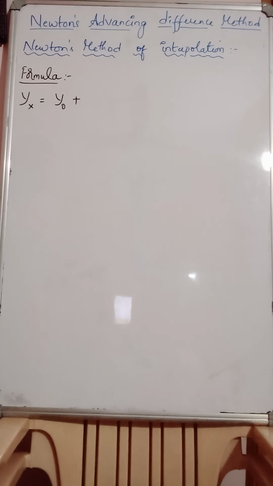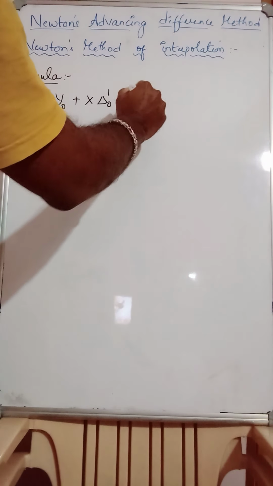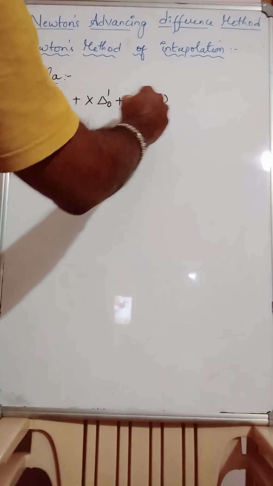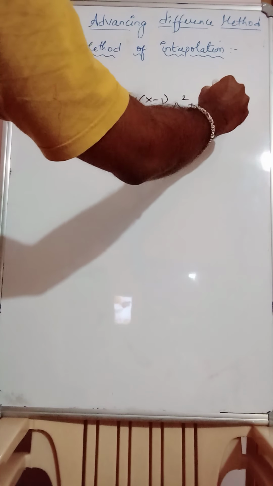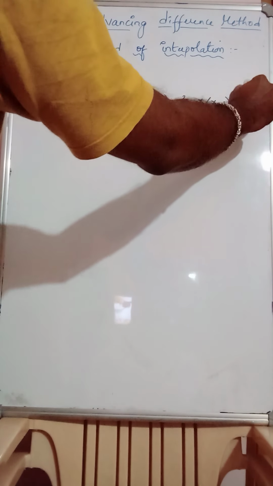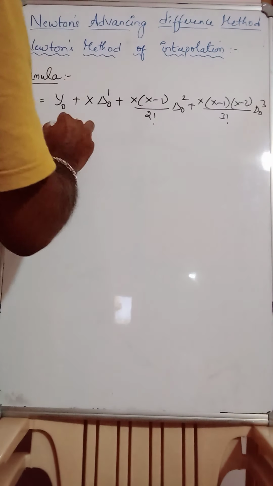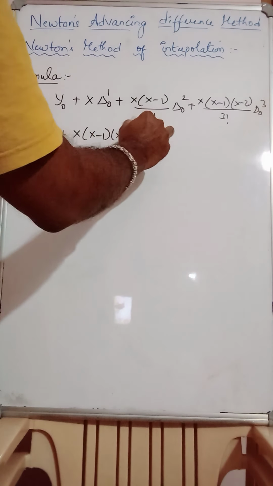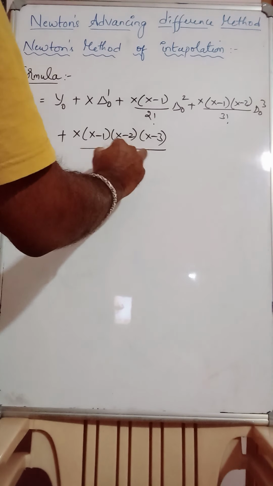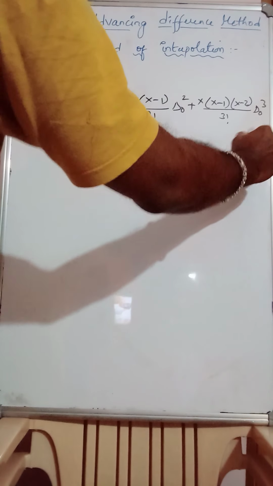So that is yx equals y naught plus x into delta naught 1 plus x into x minus 1 by 2 factorial into delta naught 2 plus x into x minus 1 into x minus 2 by 3 factorial into delta naught 3 plus x into x minus 1 into x minus 2 into x minus 3 by 4 factorial into delta naught 4 plus and so on.